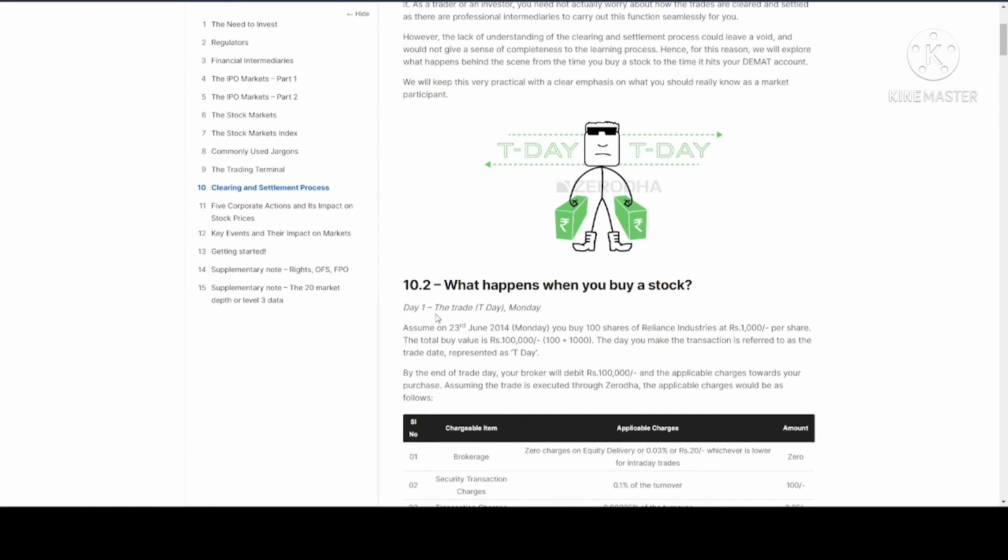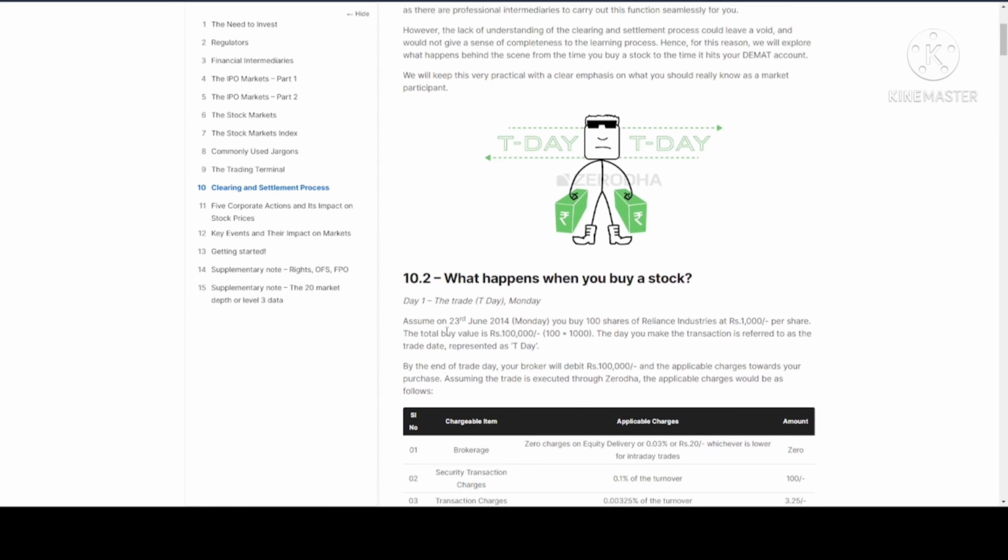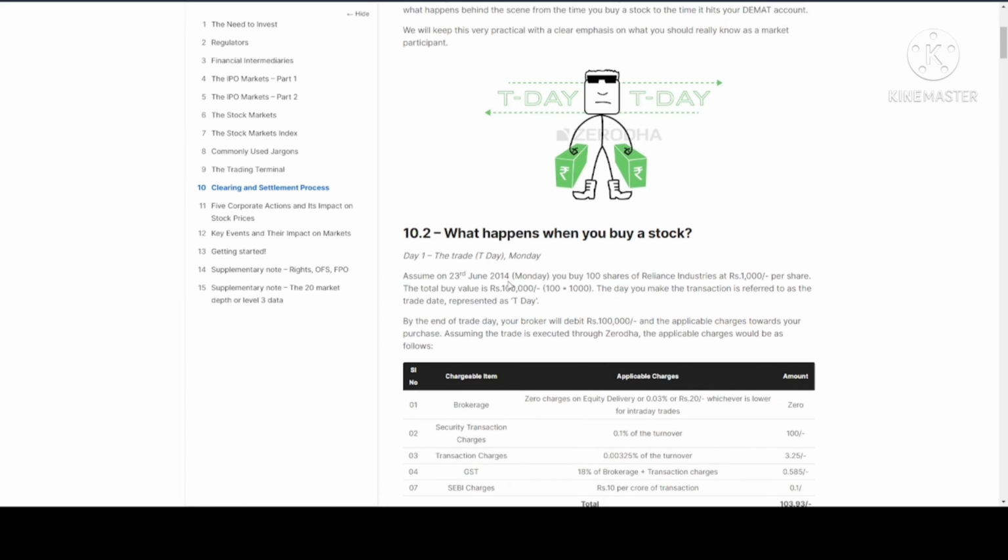What happens when you buy a stock? Day 1, the trade. Day 1 is trade day, T-day, Monday. Assume on 23rd June 2014, Monday, you buy 100 shares of Reliance Industries at rupees 1000 per share. Brother, if only Reliance shares were available at this price, amazing. The total buy value is 1 lakh.